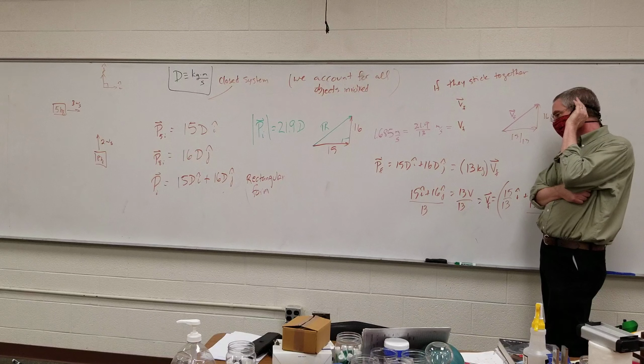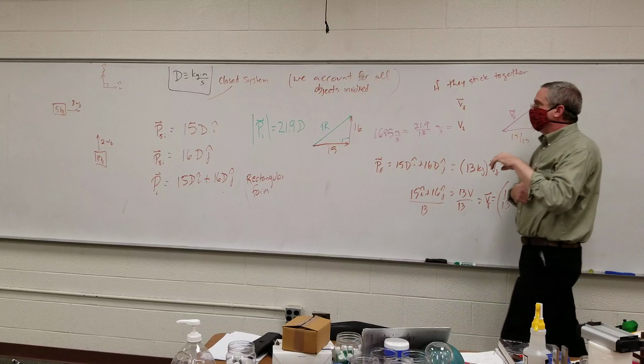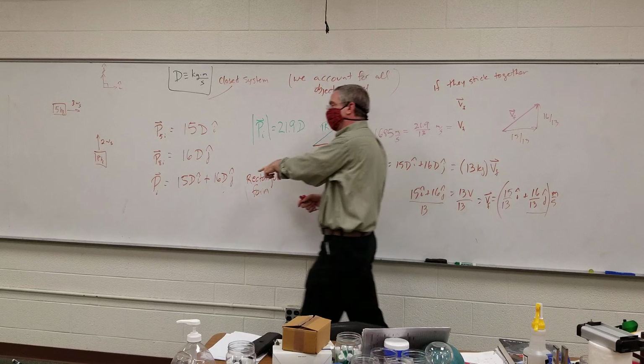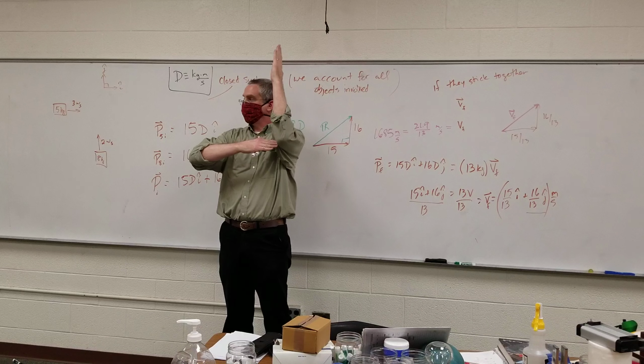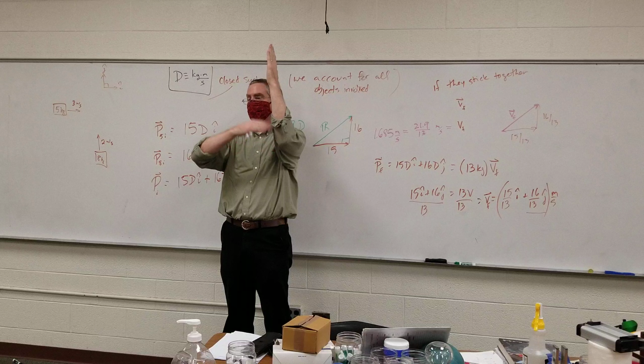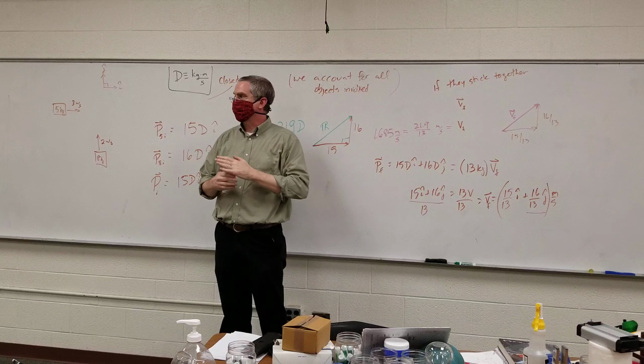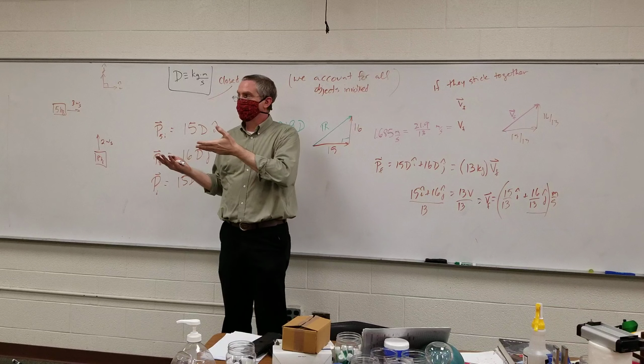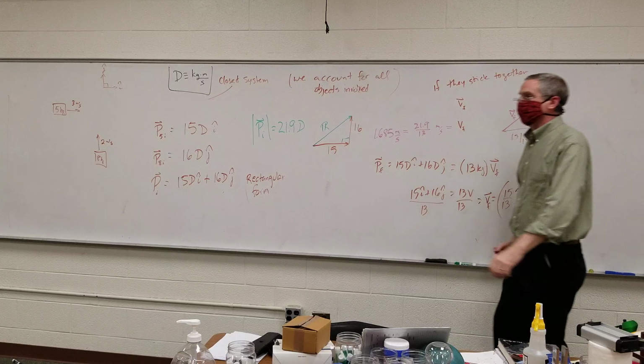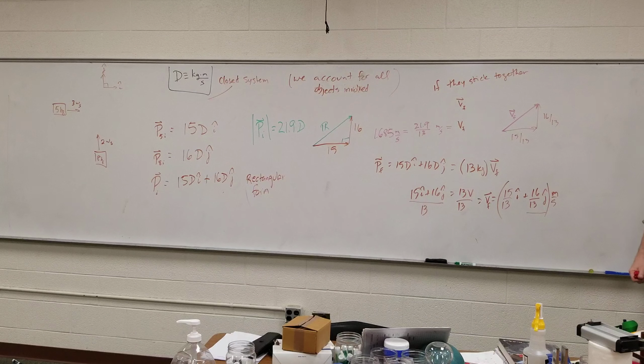Because in rectangular form, we have how far it's going in the perpendicular directions. And so when I went magnitude, I'm looking for the hypotenuse of a right triangle. Is that sufficient? Yeah. Okay. You seem hesitant.